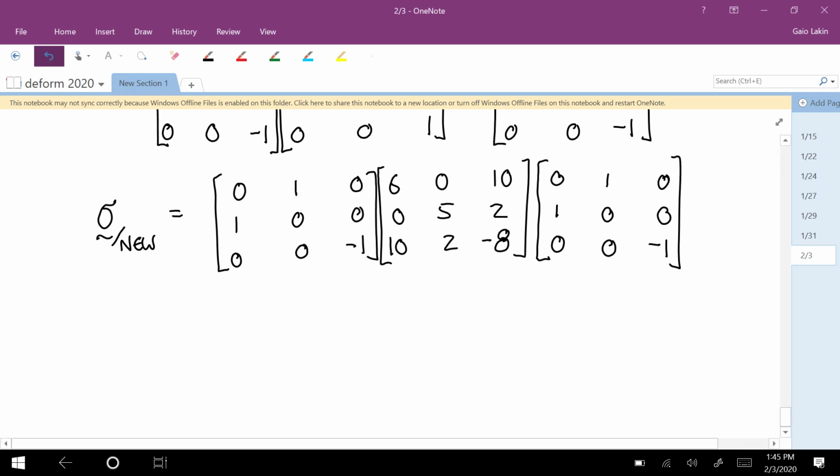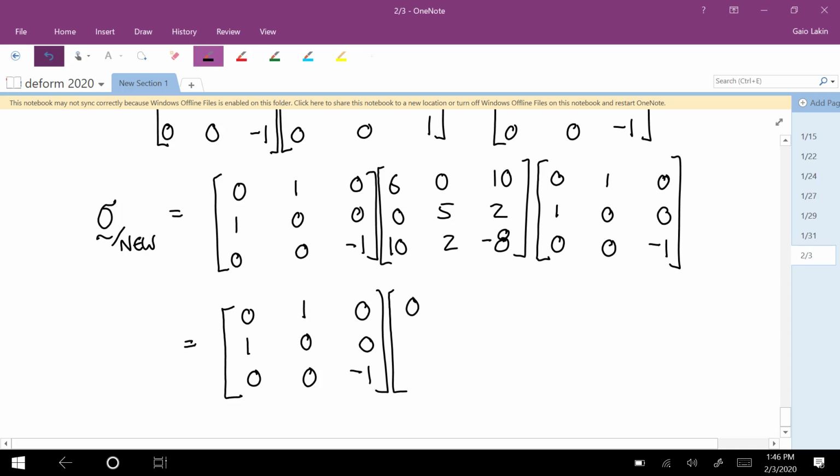Okay, so now what order do we have to multiply these? Doesn't matter, that's right. We could do this times this, and then multiply what we get to this, or we could do these two together and then multiply times this. So 0, 1, 0, 1, 0, 0, 0, 0, negative 1 times, so I'll do these first.